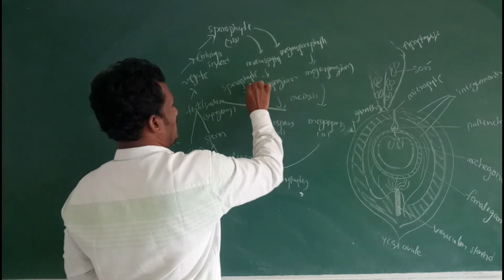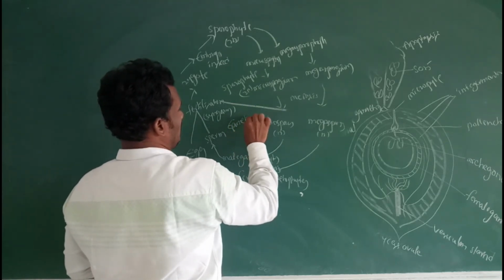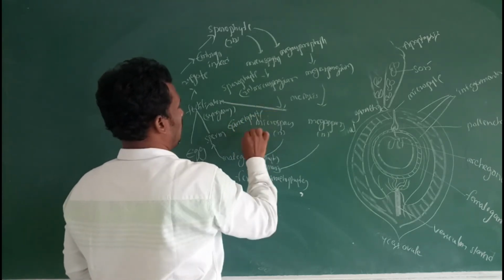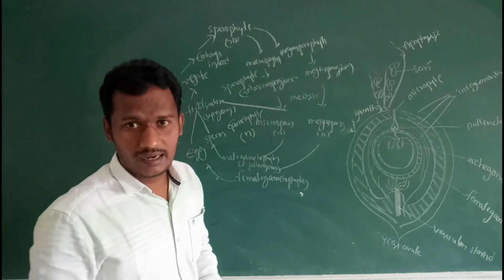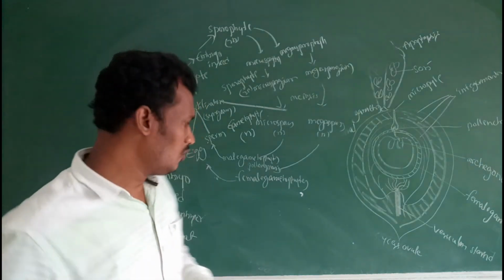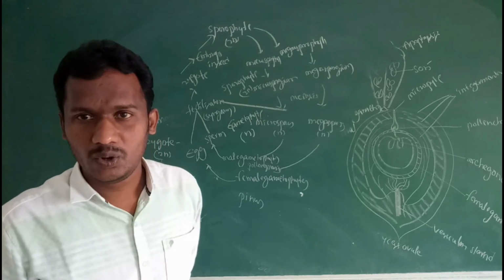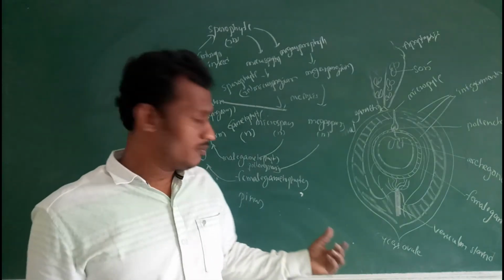The sporophyte is in the 2n, diploid condition, and the gametophyte is haploid. Polyembryony is common in gymnosperms.